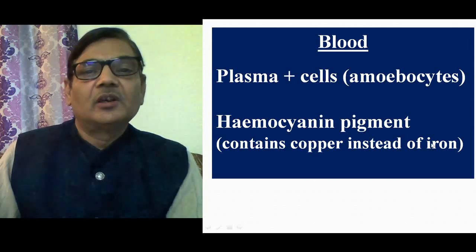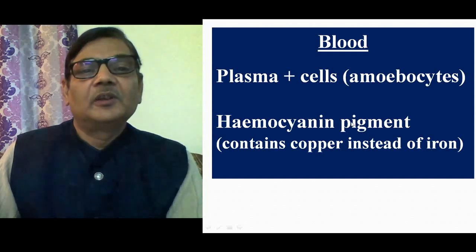In our case, the blood pigment is hemoglobin that looks red because in our red blood cells, the pigment present is hemoglobin, which actually contains iron. But in case of Pila globosa, or as I said, in most of the gastropods and other mollusks, we find the presence of hemocyanin pigment, and that pigment is actually dissolved in the plasma instead of being present in a specific kind of cell.